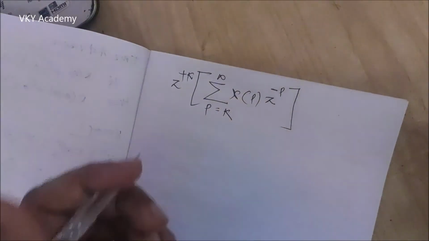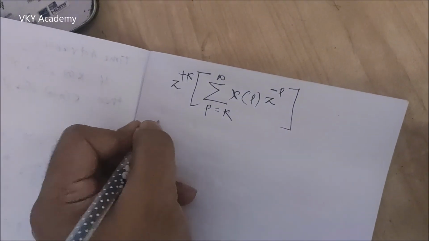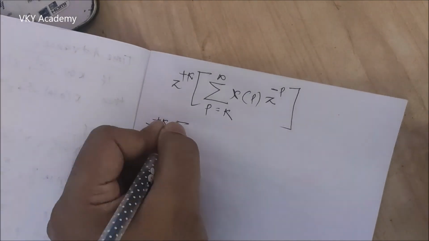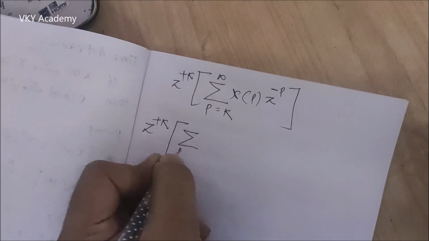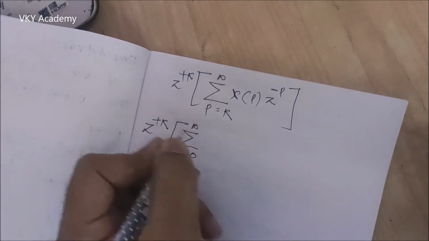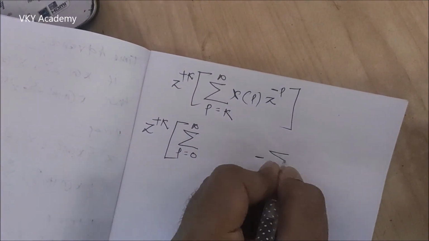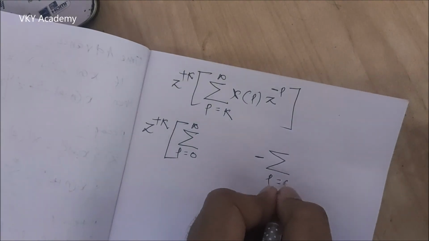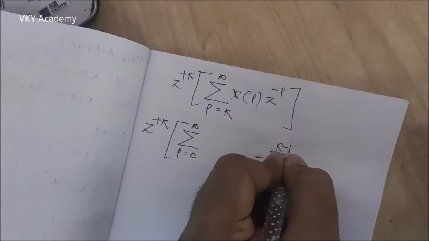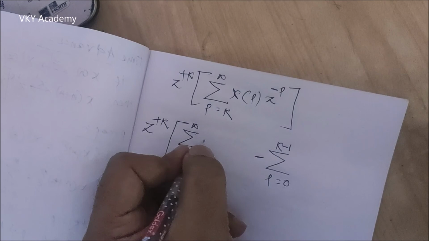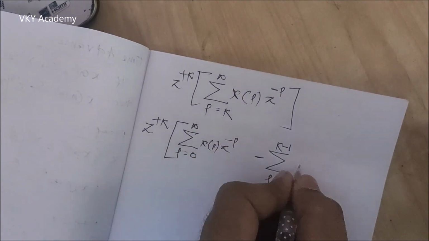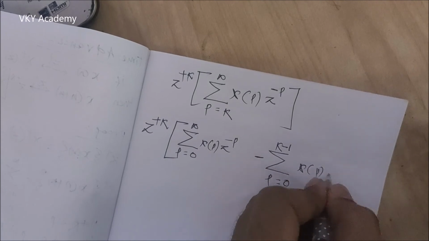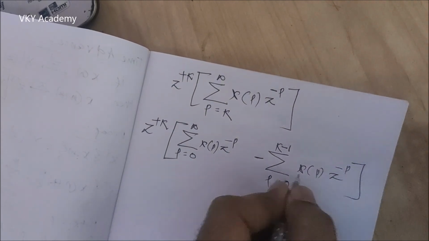So the above summation can be written as z to the power plus k whole into, summation p equal to 0 to infinity minus summation p equal to 0 to k minus 1, of x of p z to the power minus p.